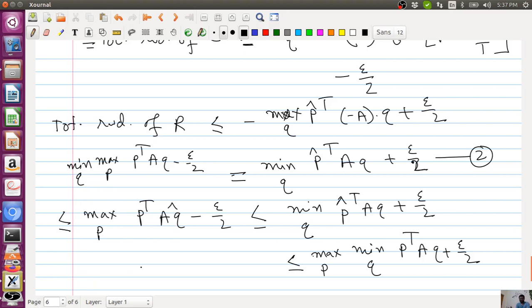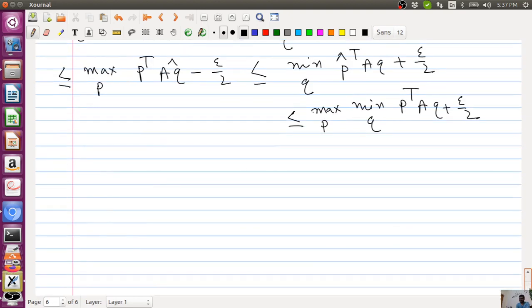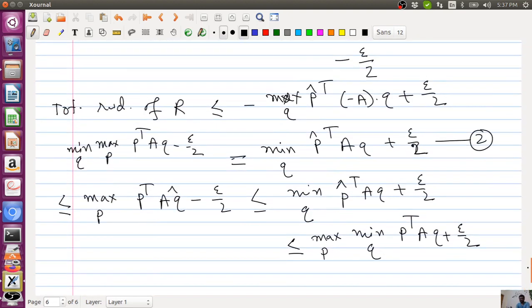So thus we get that min over Q, max over P of P transpose A Q is less than or equal to max over P, min over Q of P transpose A Q plus epsilon.